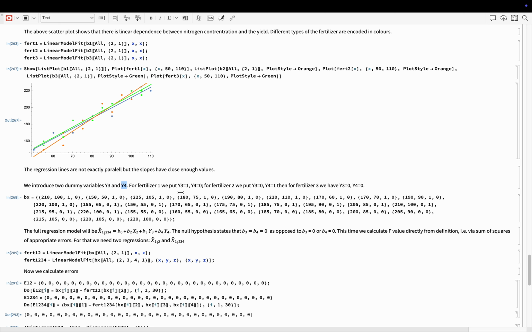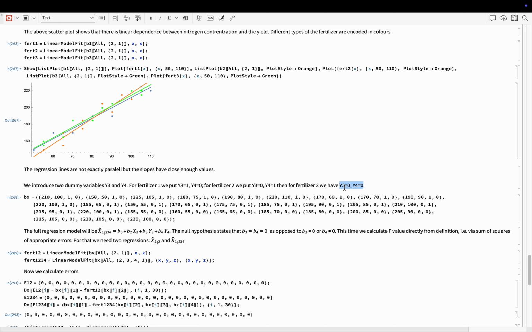We put y3 equal to 1 and y4 equal to 0 for fertilizer number 1. We switch them, so y3 equal to 0, y4 equal to 1 for fertilizer 2, and then we have to put y3 equal to 0, y4 equal to 0 for fertilizer 3.